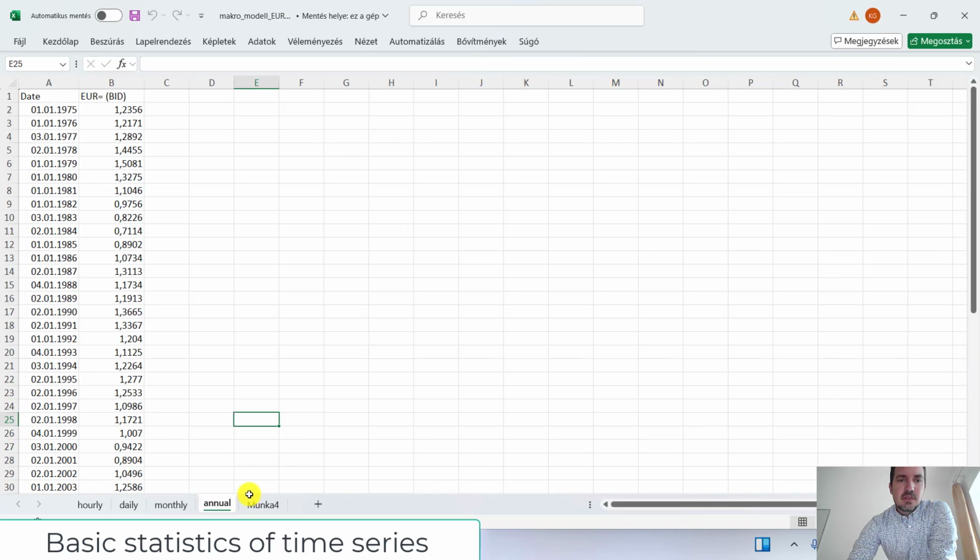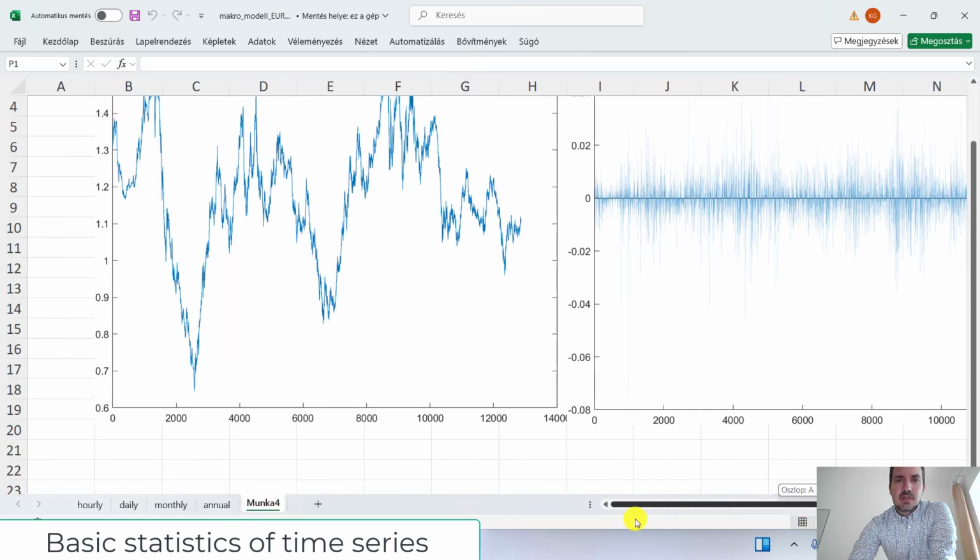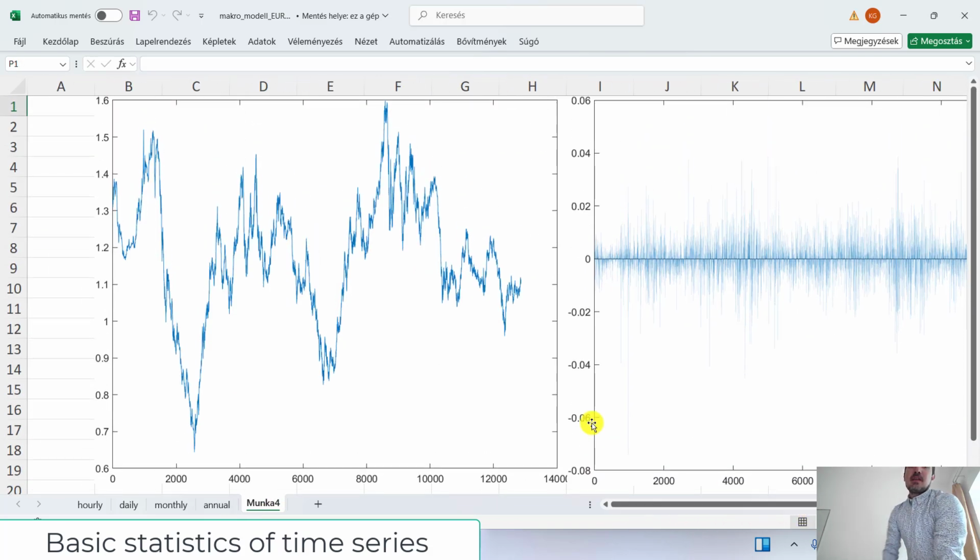Because the first thing we should understand in the case of time series is that frequency matters a lot. So there is always a dilemma: how many anomalies do we want to include in our data set, and how many of these anomalies don't we want to include?